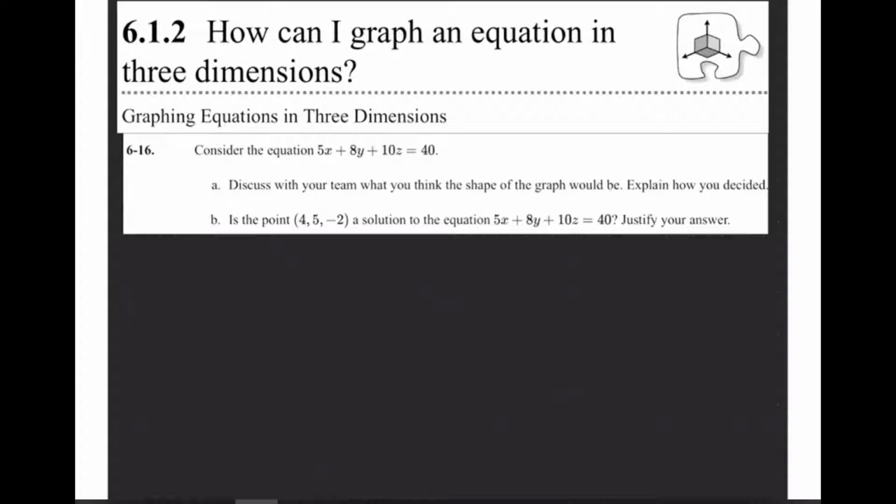What do you think it's going to look like when we graph it? Anybody got any ideas? Somebody thinks it might be a curve. Keep those thoughts in the back of your head for when we put this into our plotter.